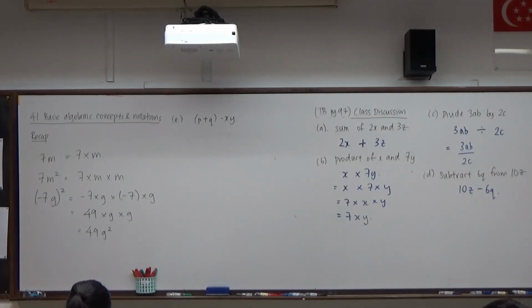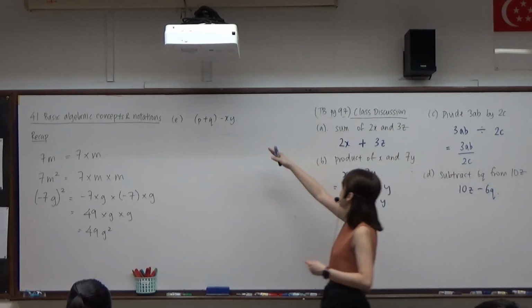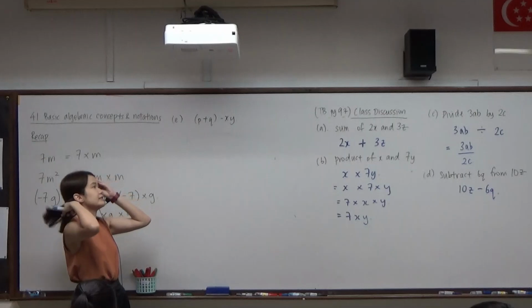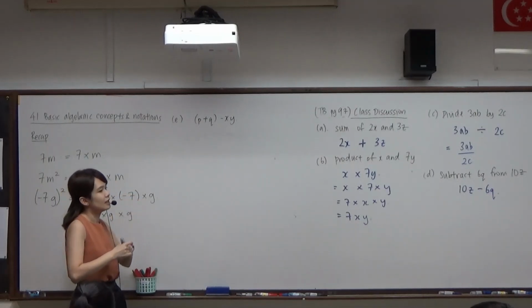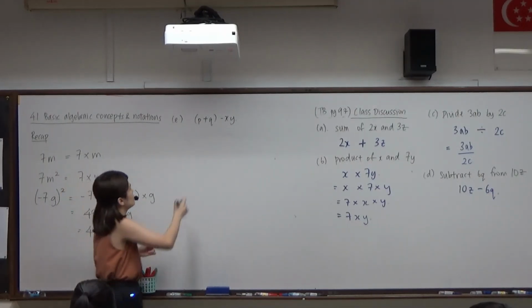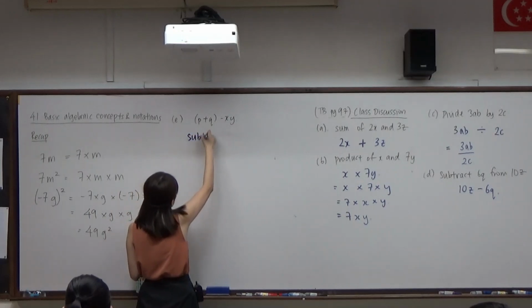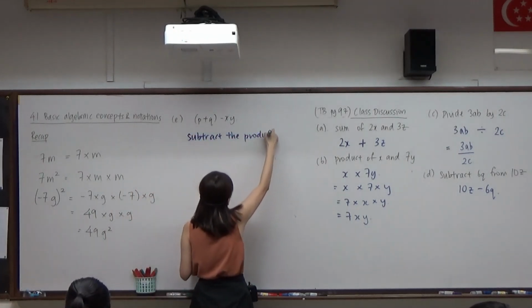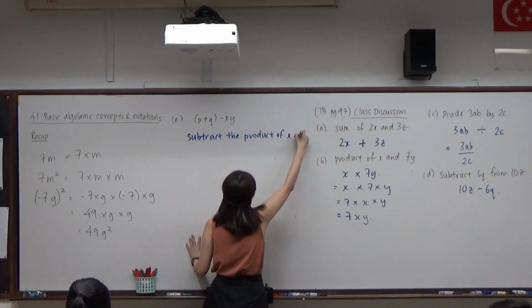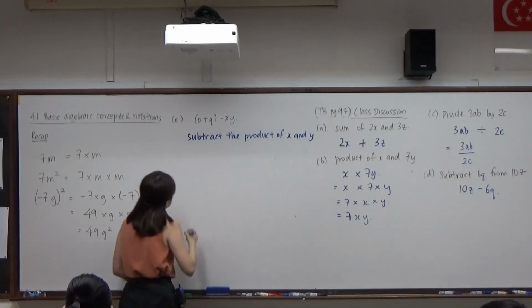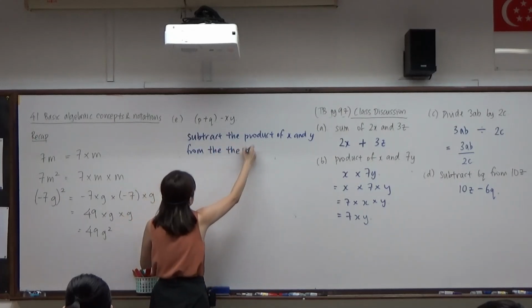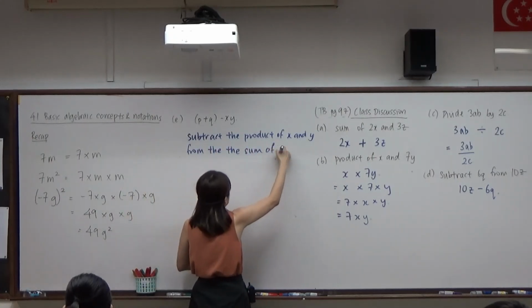How do we actually describe this thing in words? I just said how we have done it earlier on. Yes, let's see. Subtract the product of x and y from the sum of p and q.